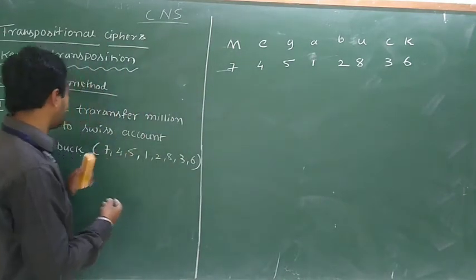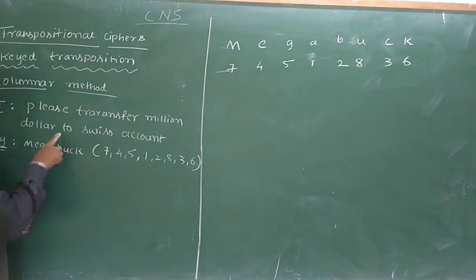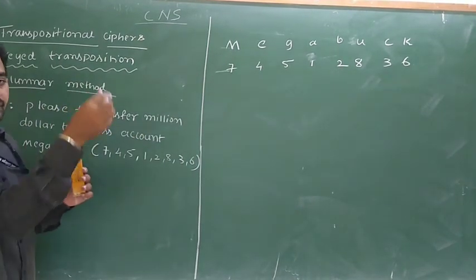What is the plain text they have given? This plain text you need to arrange character wise, column wise.